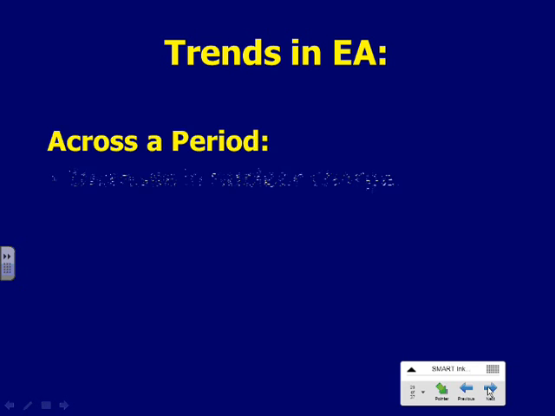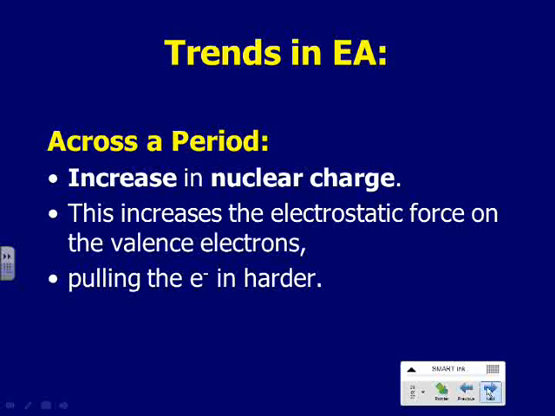Trends in electron affinity. Let's write down some of our trends here. Oh, I'm getting rid of nuclear charge, folks. What am I putting instead of nuclear charge? Yeah, number of protons. Number of protons, just because it keeps things a little simpler.